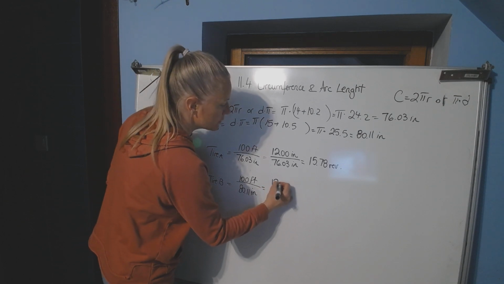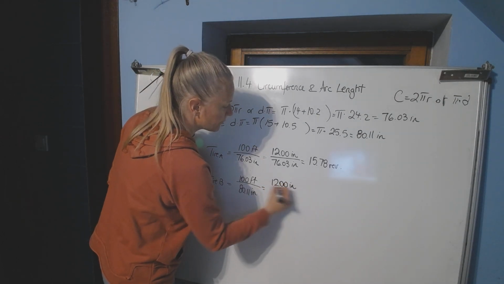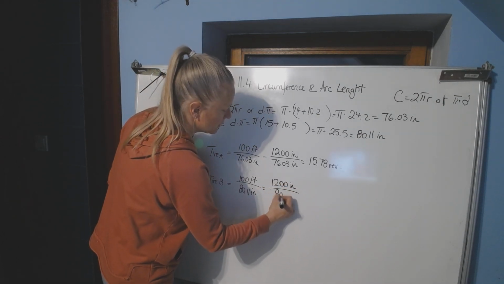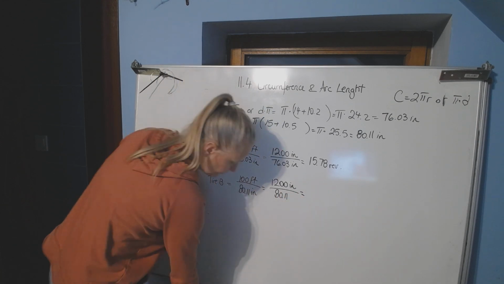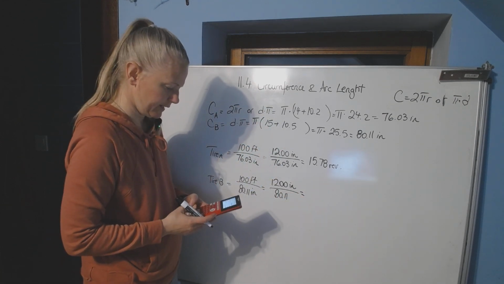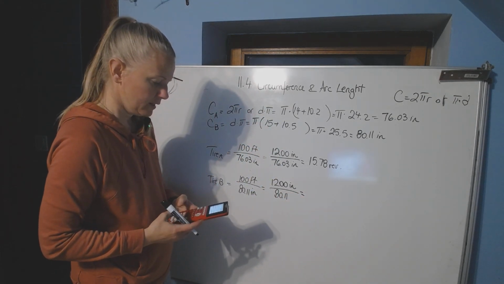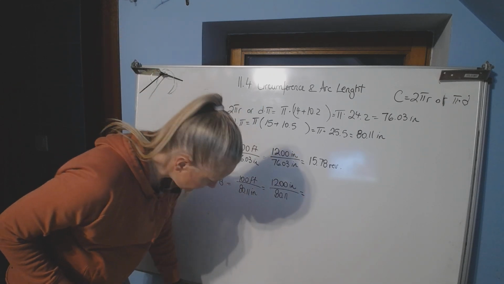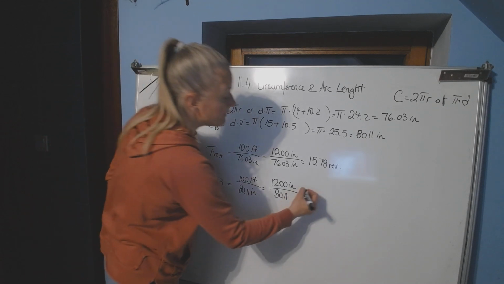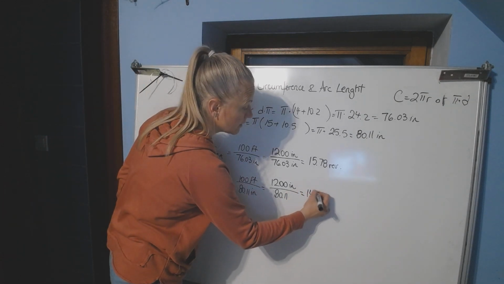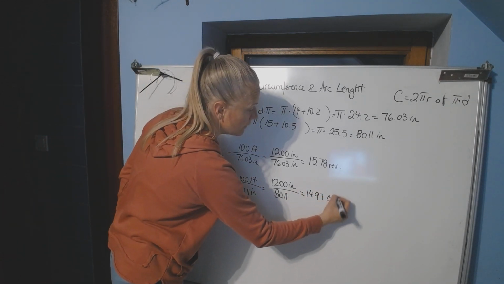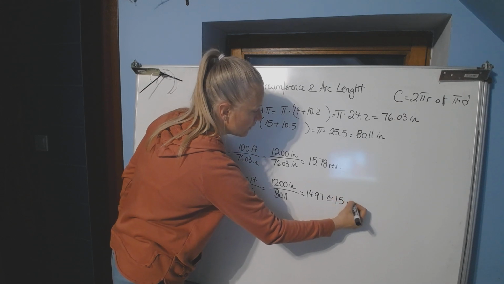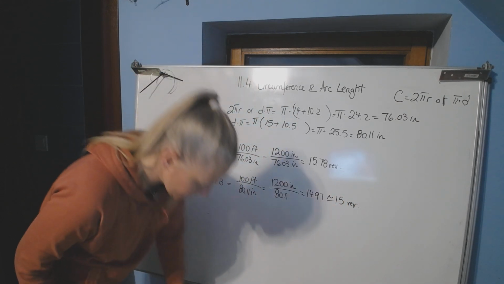That's 1,200 inches over 80.11. Here it is, 1,200 divided by 80.11. I did not do it correctly. It is 14.97, or about 15 revolutions.